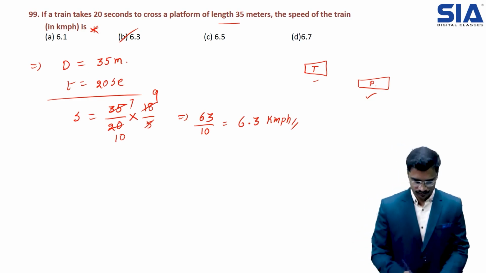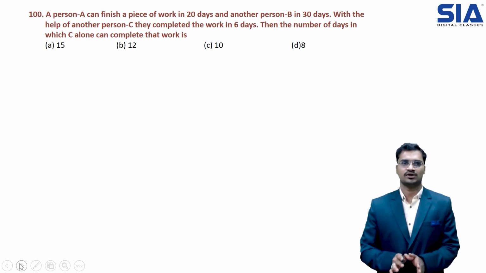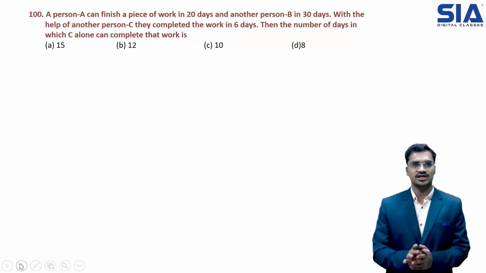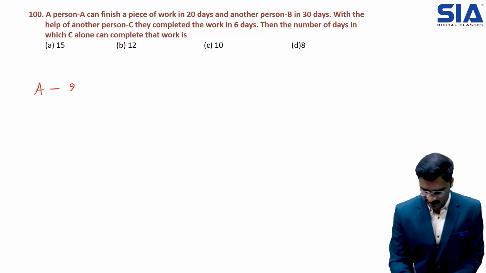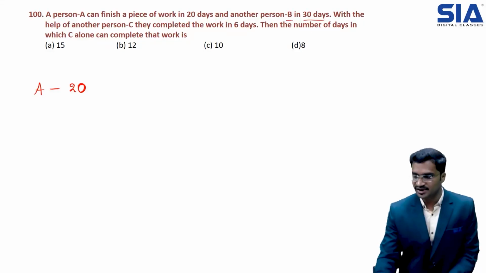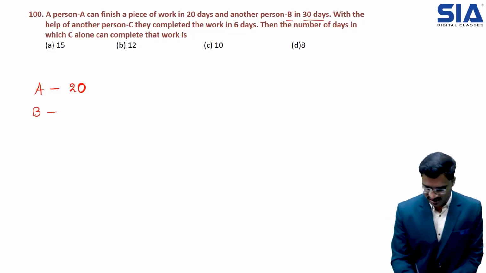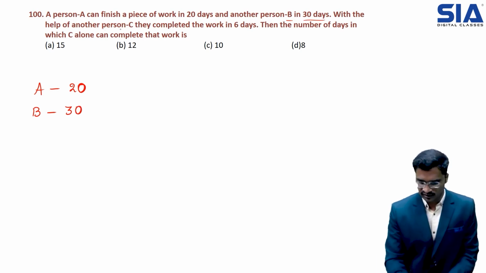Now coming to the next question: a person A can finish a piece of work in 20 days. Another person B is completing this in 30 days. And with the help of another person C, they completed the work in 6 days.